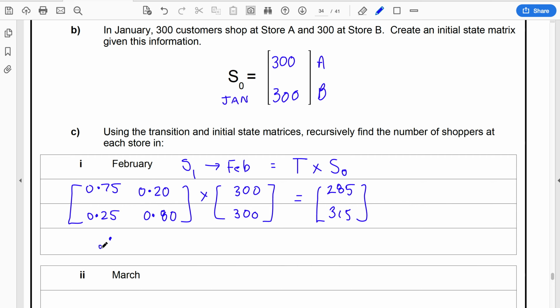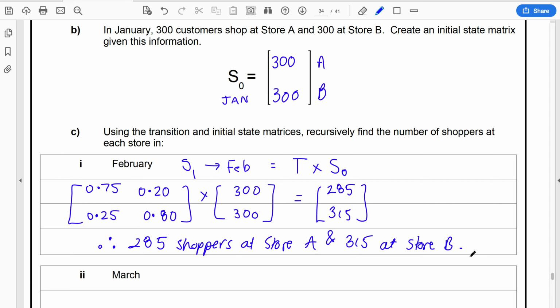So I'll just say, therefore, 285 shoppers at store A. We probably should have said customers rather than shoppers, but that's all right. And 315 at store B. So just put a final answer there.